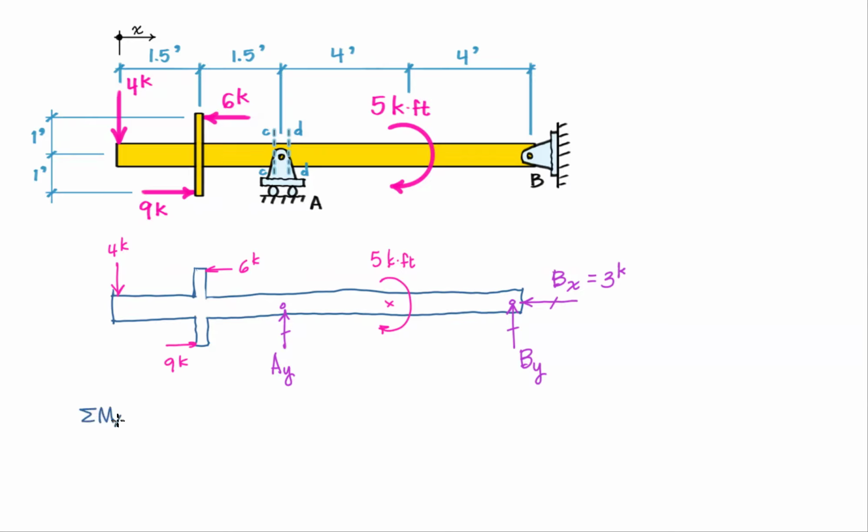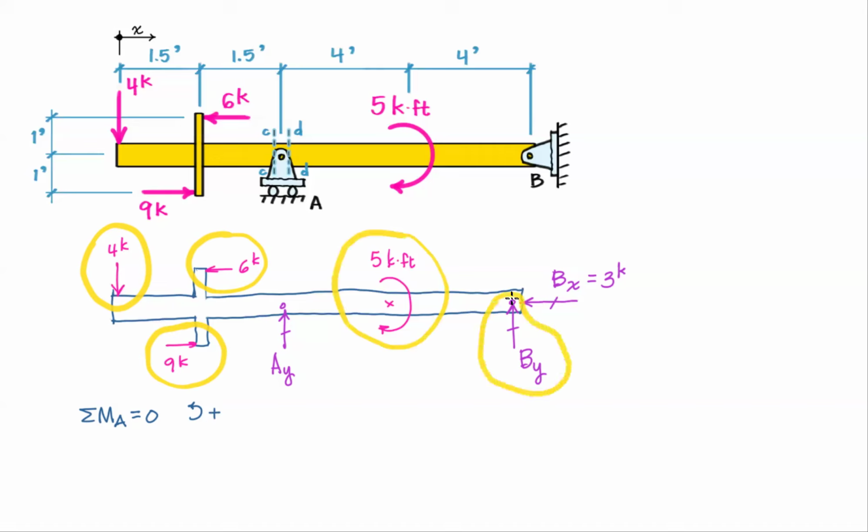So the summation of moments about A is equal to 0. And we're going to use our equation of equilibrium sign convention. Counterclockwise is positive. And we can do our accounting. How many terms are going to be in this moment summation? 1, 2, 3, 4, 5.